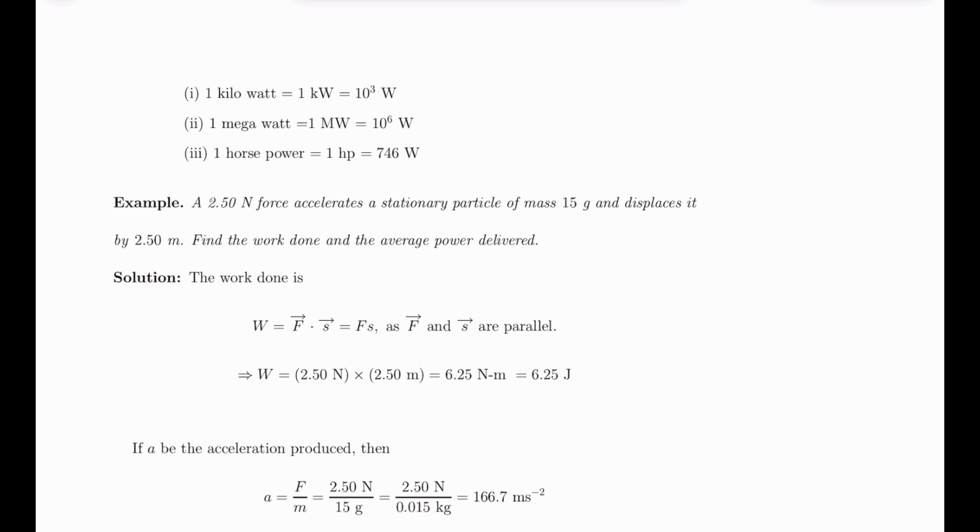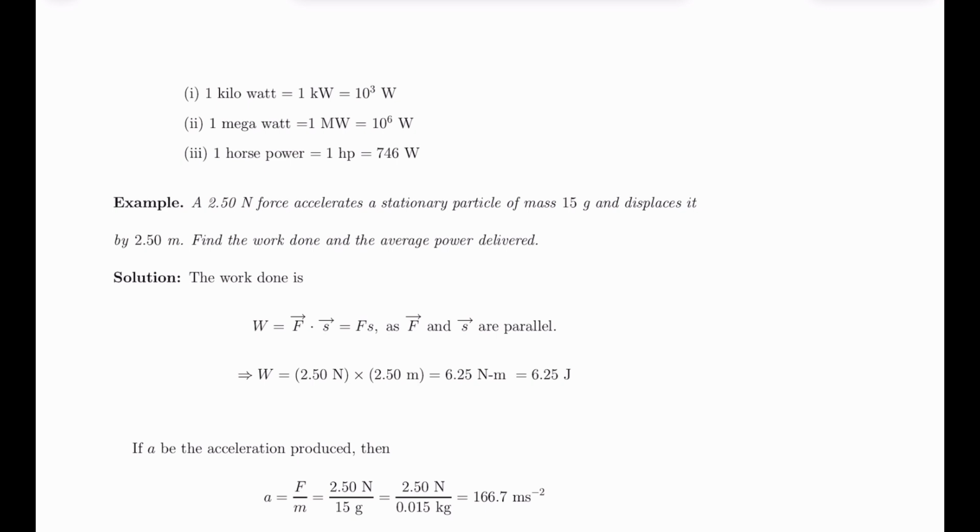Another is horsepower. So 1 horsepower is written as 1 HP and this is equal to 746 watt. So this is all about power, the average power, the instantaneous power, the units of power and the dimensional formula for power. This is the theoretical portion of power.